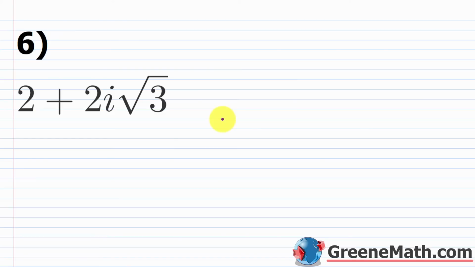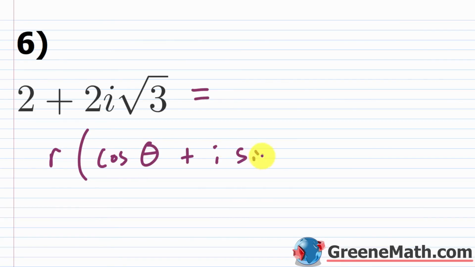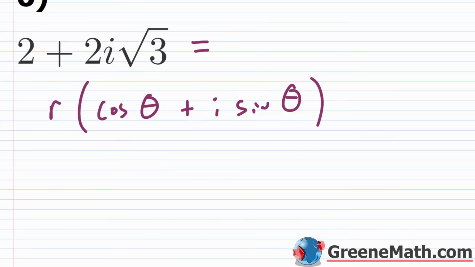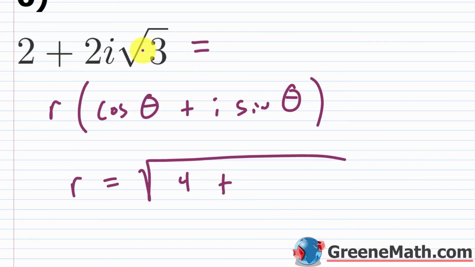Okay, let's take a look at problem 6, and here we'll go a lot faster. So 2 plus 2i times square root of 3. We want to write this in polar form. So this is some r value times the quantity cosine of theta plus i times the sine of theta. So I just write my formula out first, and then I think about, okay, well, what's the r value? So r is equal to the principal square root of the real part squared. So 2 squared is 4, then plus the imaginary part squared.